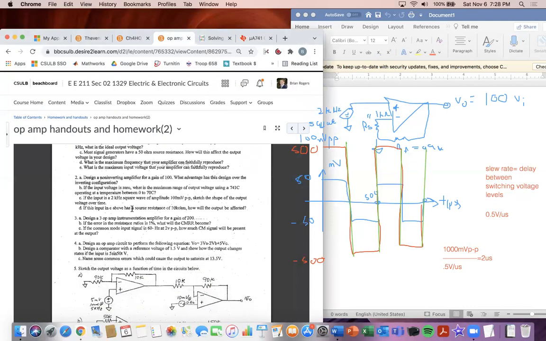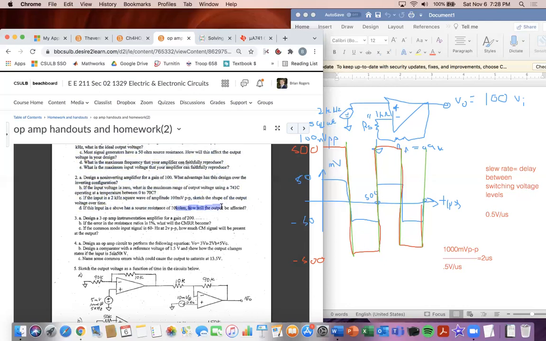If the input in C has a source resistance of 10 kilo ohms, how will the output be affected? Okay, so here, what we're going to have to take into account is everything we discussed. 100 millivolts peak to peak.